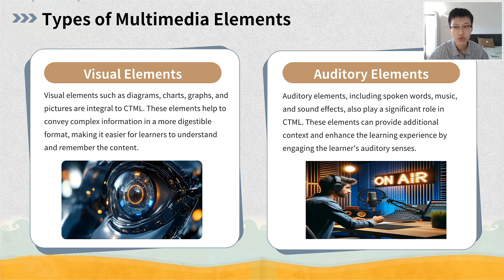These elements help to convey complex information in a more digestible format, making it easier for learners to understand and remember the content. And the auditory elements, including spoken words and sound effects, also play a significant role in CTML. These elements can provide additional content and enhance the learning experience by engaging the learner's auditory senses.